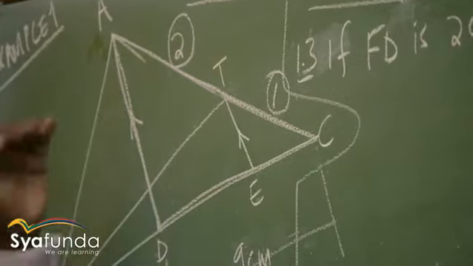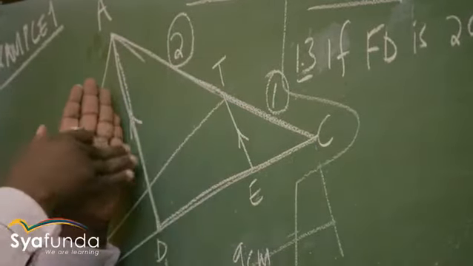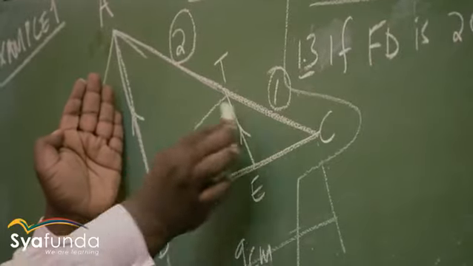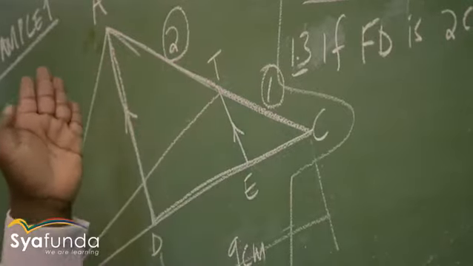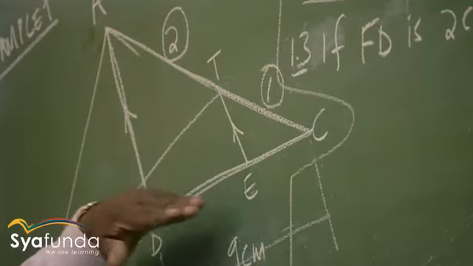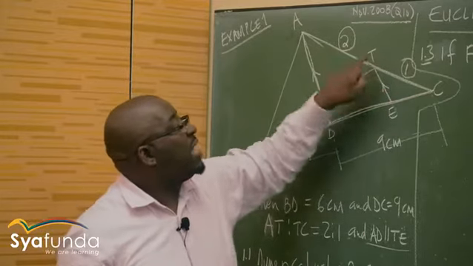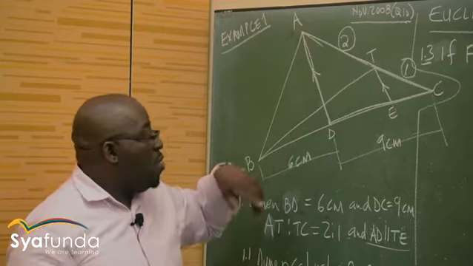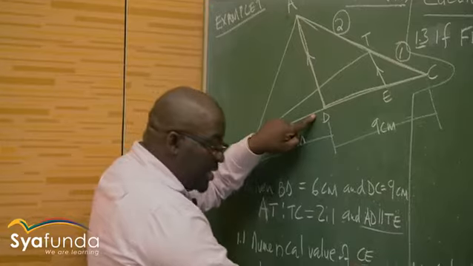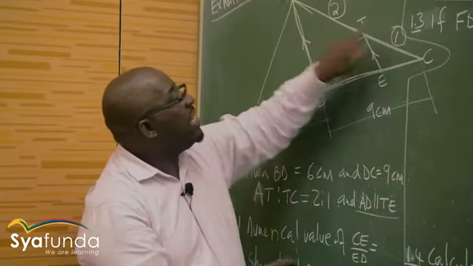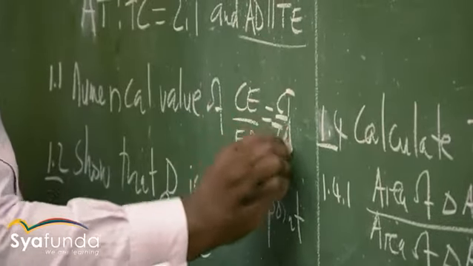In this triangle, there are 3 sides: 1, 2, 3. One side is parallel to it, because we're given that these two sides are parallel. It's in the theorem: a line drawn parallel to one side of a triangle will divide the other two sides proportionally. What does that mean? It means that this over this is equal to that over that. Let's write that down. We are saying CE over ED is the same as CT over TA.